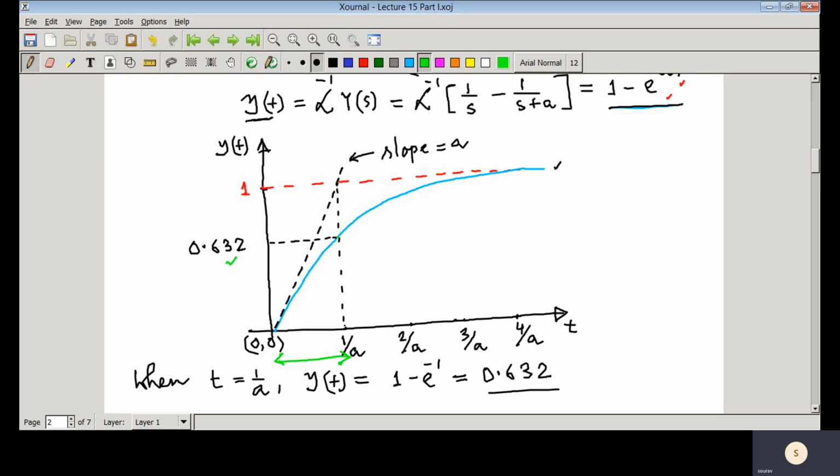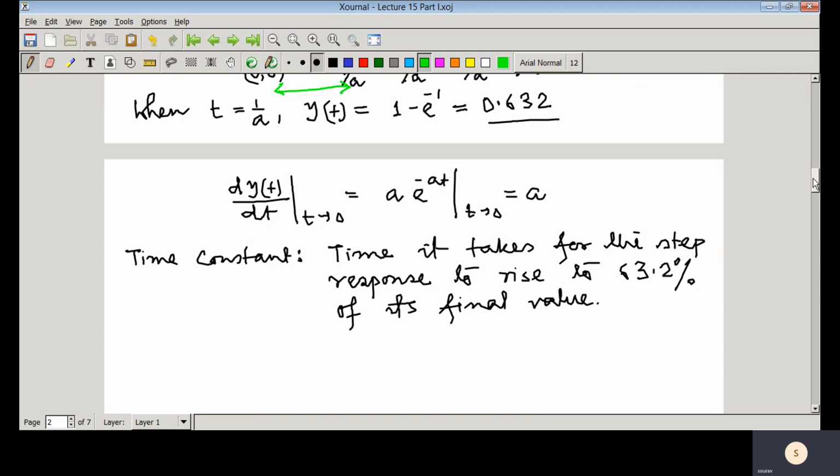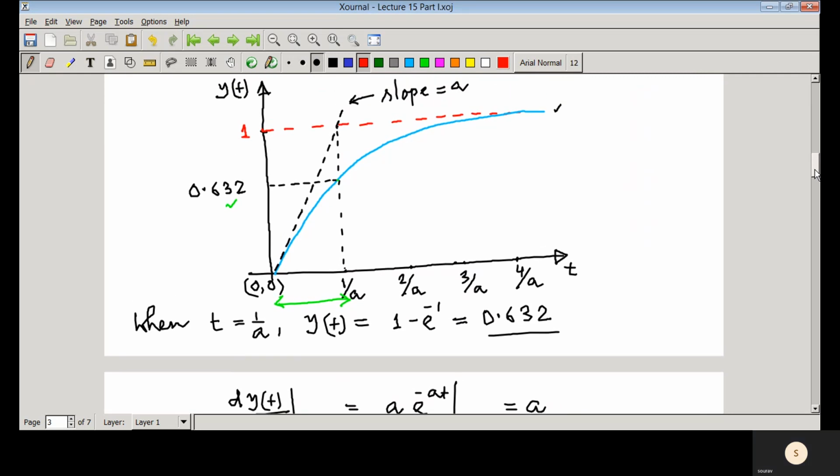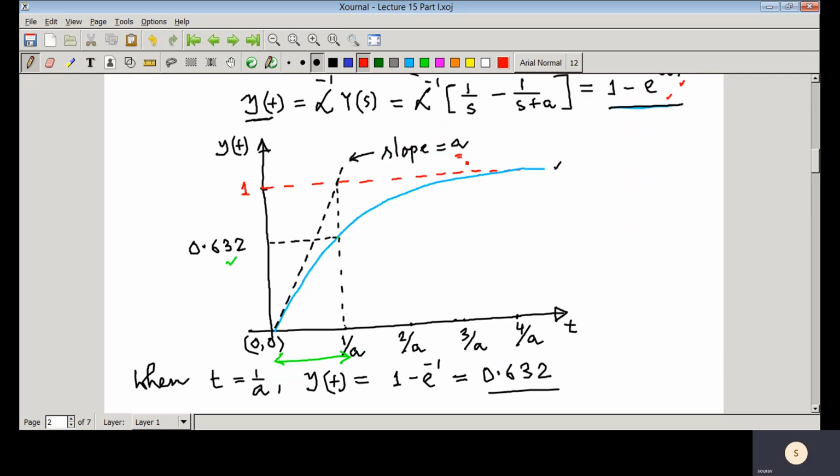So this particular time 1 by a is called the time constant. Here we can see the time constant equals 1 by a in this particular case, and the initial slope is equal to a, so we can write that this is 1 by time constant.